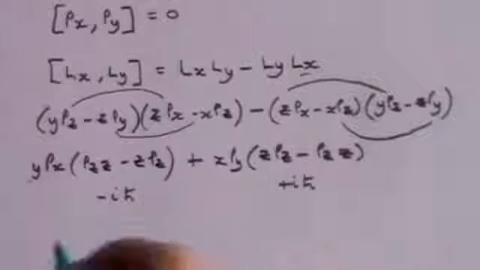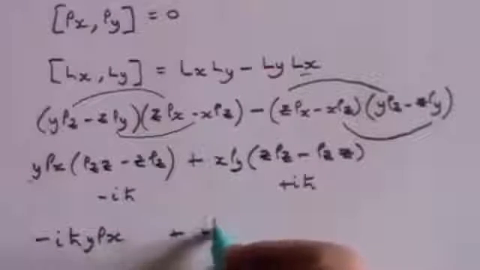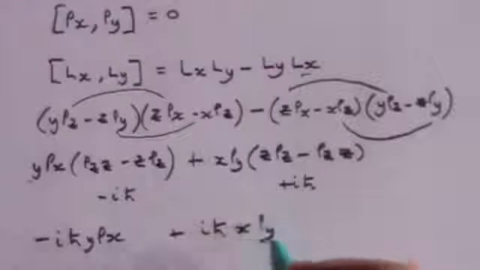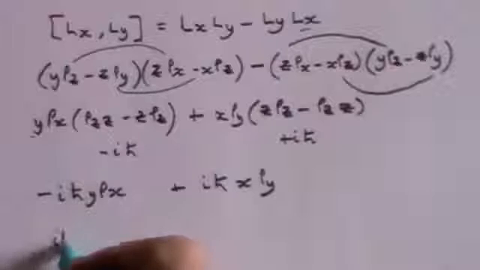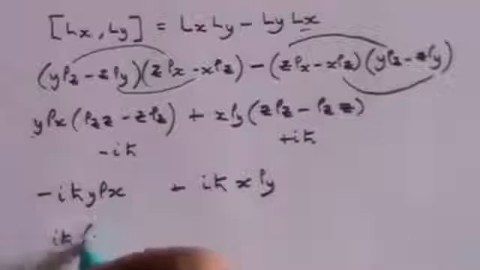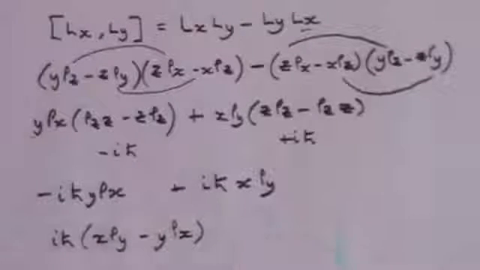So that is going to be minus iħ ypx plus iħ xpy. I can take the iħ outside, so I've got iħ into (xpy minus ypx).